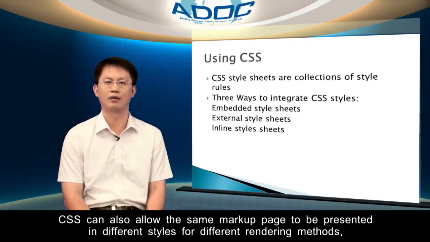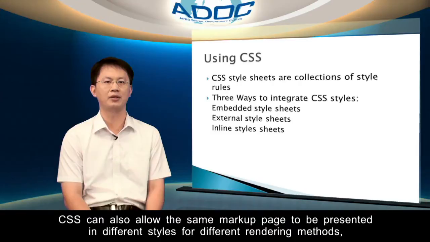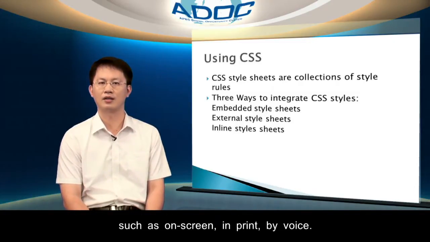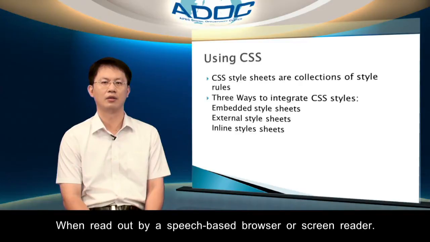CSS can also allow the same markup language pages to be presented in different styles for different rendering methods, such as on-screen, in-print, by voice when read out by a speech-based browser or screen reader.